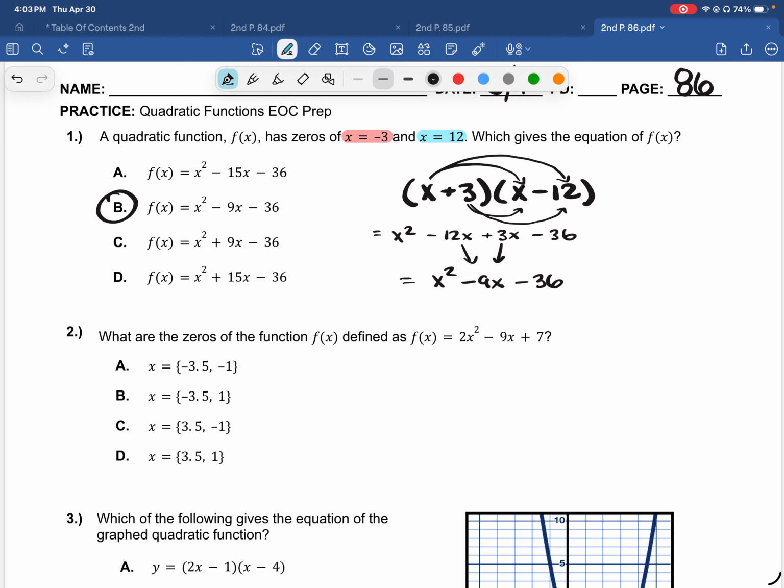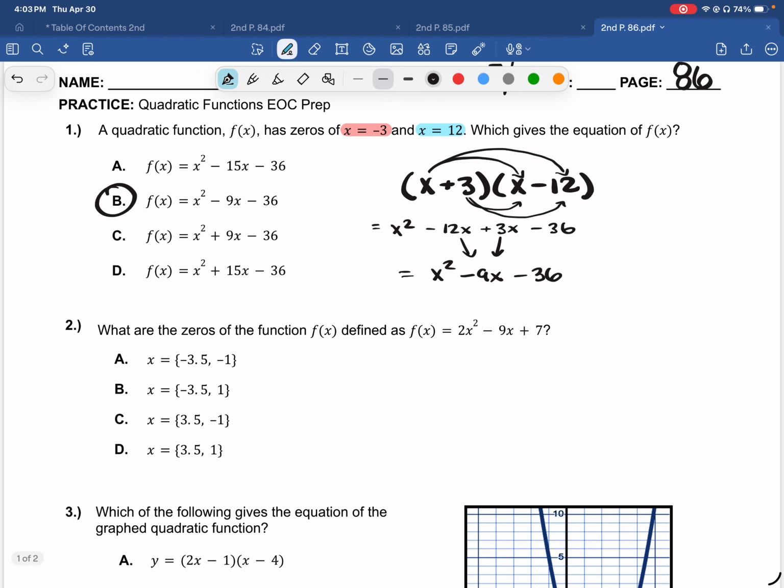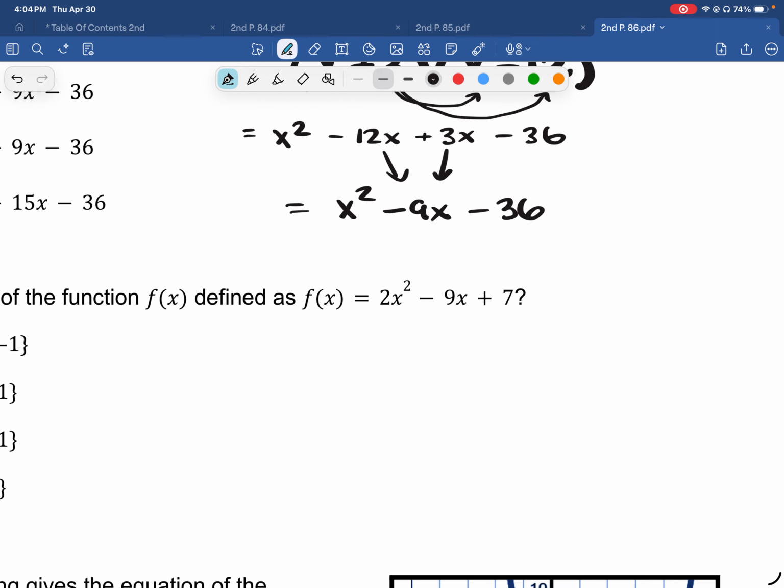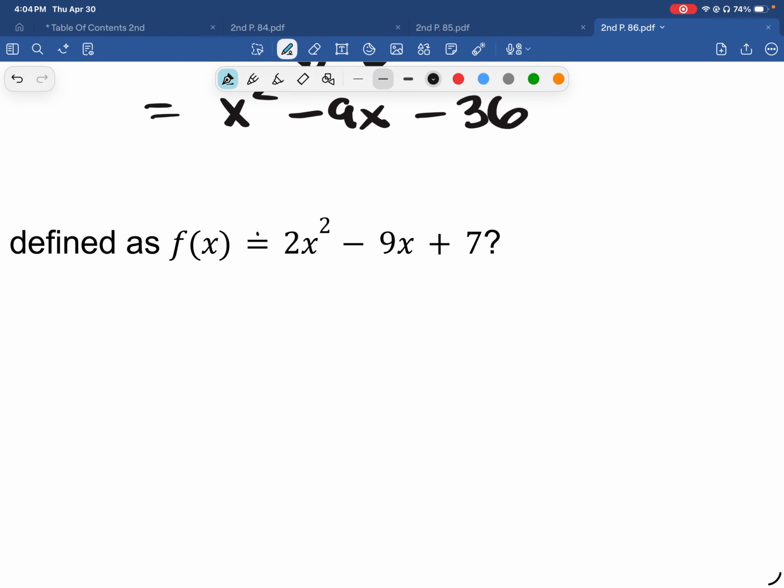Number 2, what are the zeros of the function f of x defined as f of x equals 2x squared minus 9x plus 7? Anytime it says what are the zeros, it's really just asking you to solve the equation. So all I'm going to do is set that equal to 0.